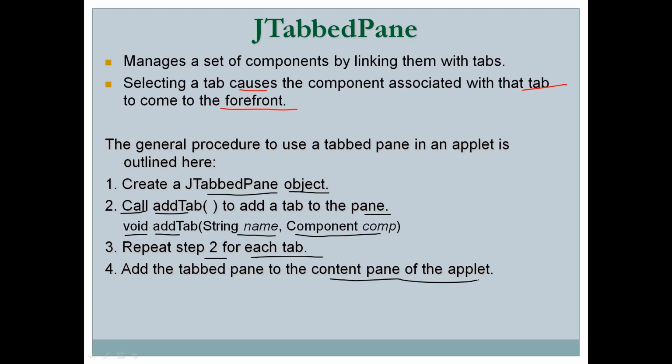Let us go through an example to understand this. Graphically I'll show you what exactly we will be doing. To create a tabbed pane, we can create some panels. A panel in Java Swing is a lightweight container, remember. It is a container which can hold other components.